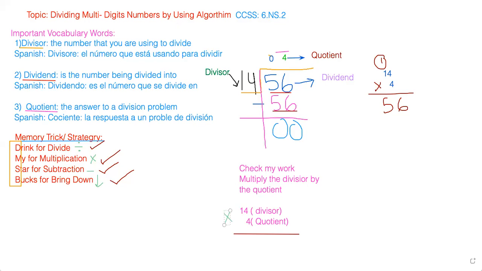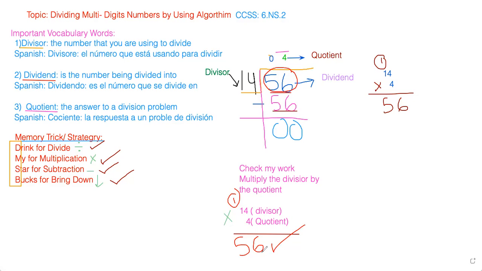So therefore, I can put down the 6 and I can carry or bring up my 1. Whatever word you want to say. I put a 6 here and I bring up a 1. Now 4 times 1 is 4 plus 1 is 5, 56. My dividend, which is this number 56 under the house, inside the house, matches. Therefore, I know it's correct.